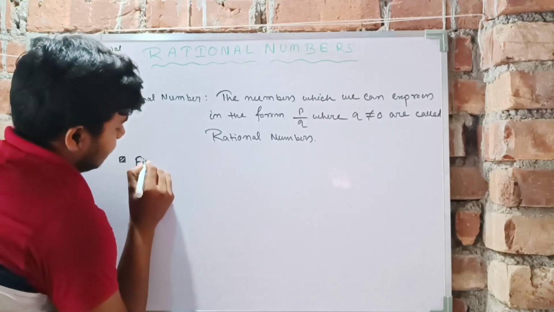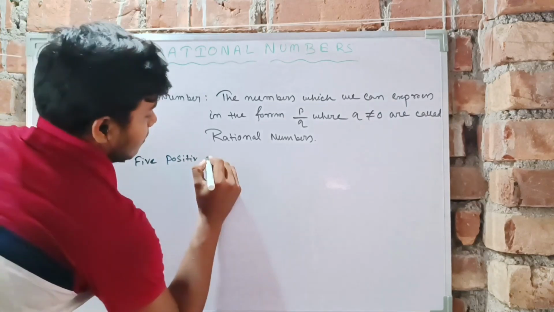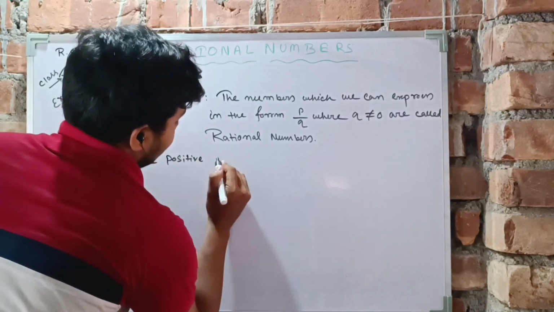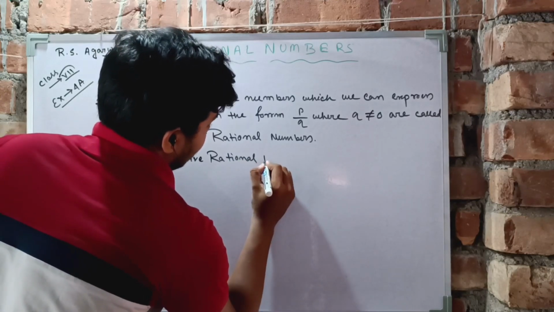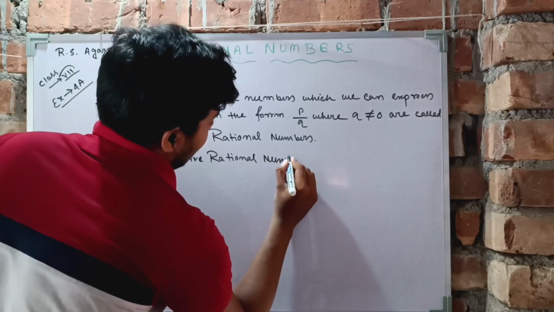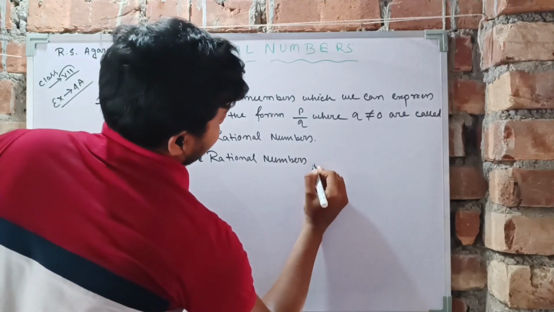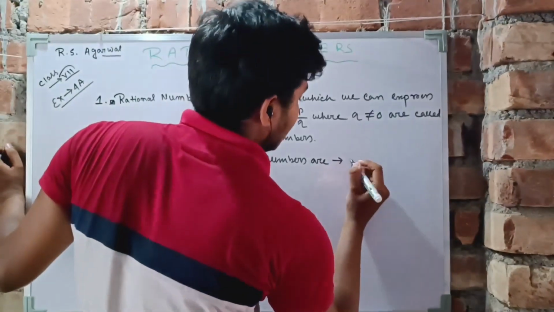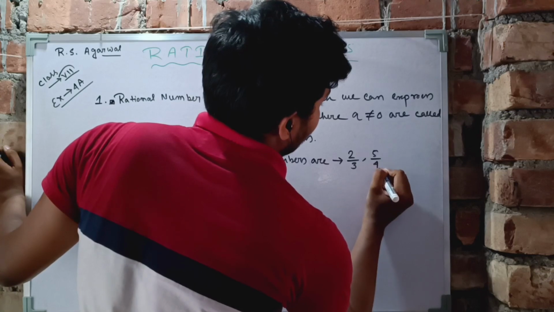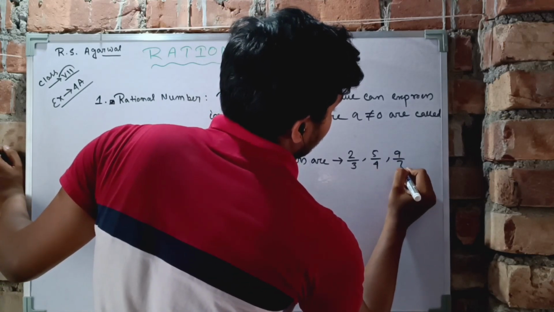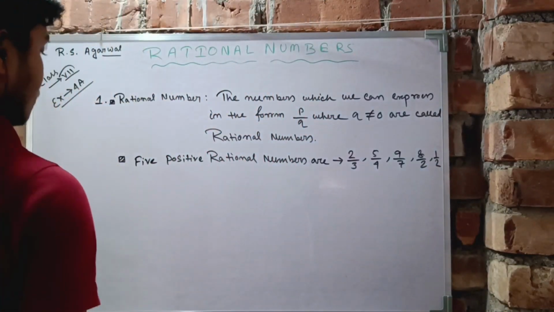So 5 positive rational numbers are, for example, 2 by 3, 5 by 4, 9 by 7, 8 by 2, 1 by 2.